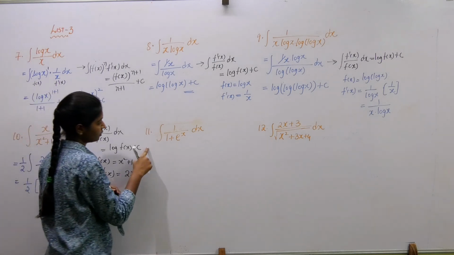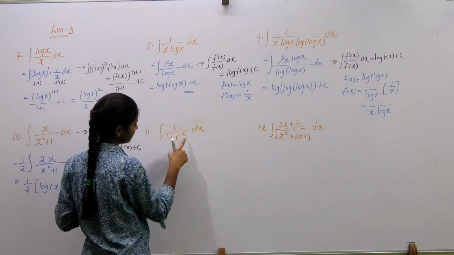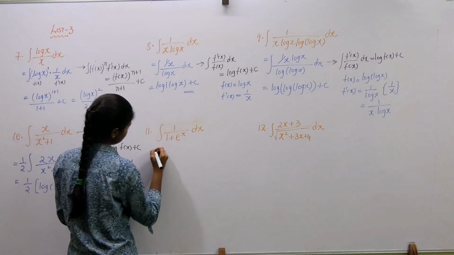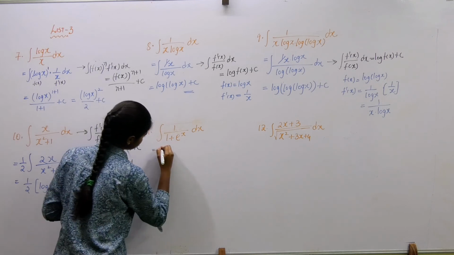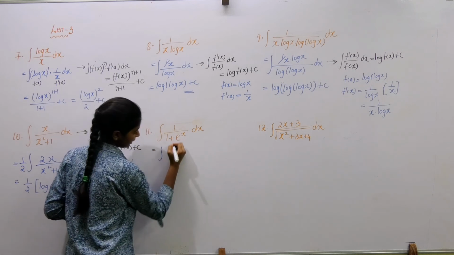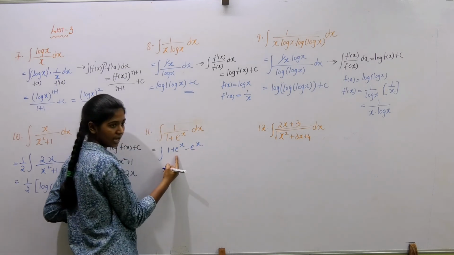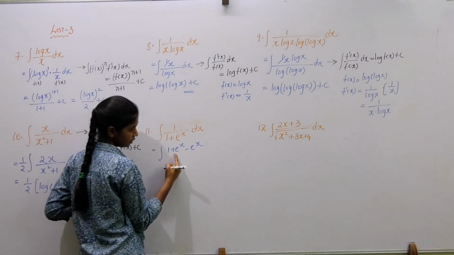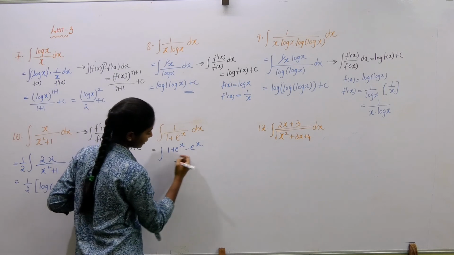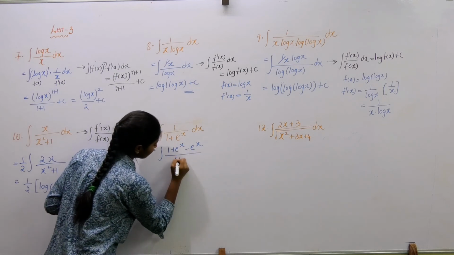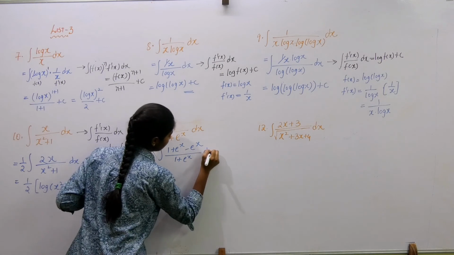Next, 11th one. Integral 1 by 1 plus e power x dx. To solve this, let me write 1 plus e power x minus e power x. I have adjusted e power x in the numerator plus e power x and minus e power x. And in the denominator we have 1 plus e power x dx.